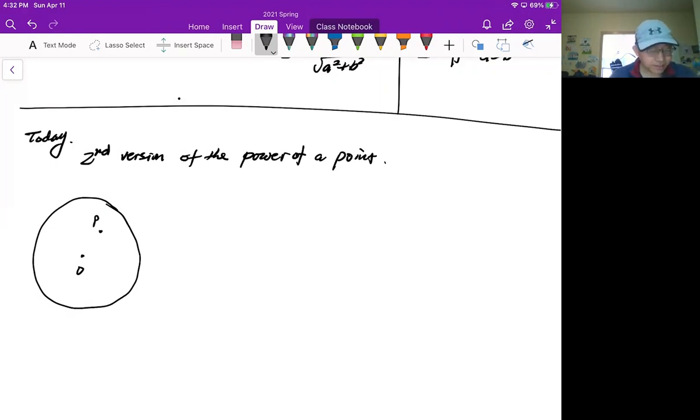Basically, it says that the power of the point P, I can write that to be R squared, R is the radius, minus OP squared. So that's the second formula. How do you define the power of the point? The power of the point is the square of the radius of the circle minus the square of OP.